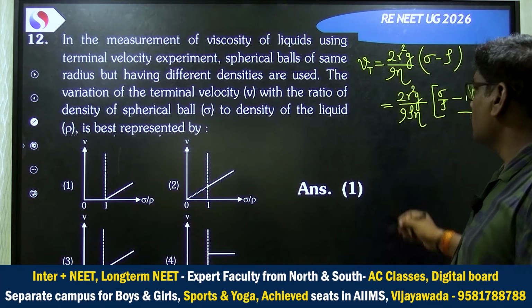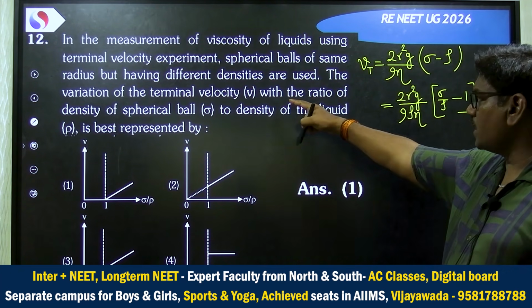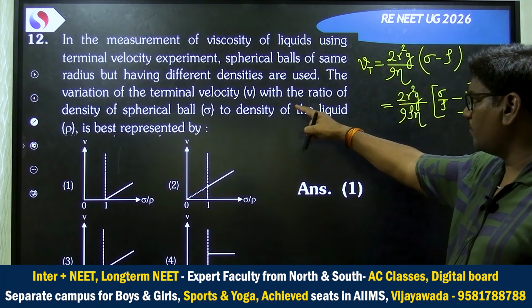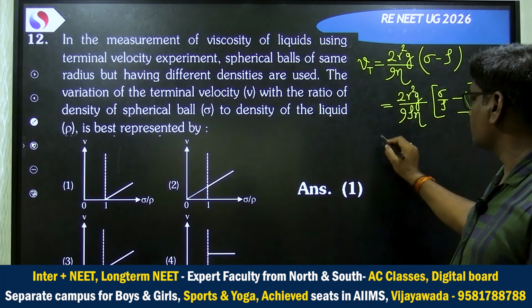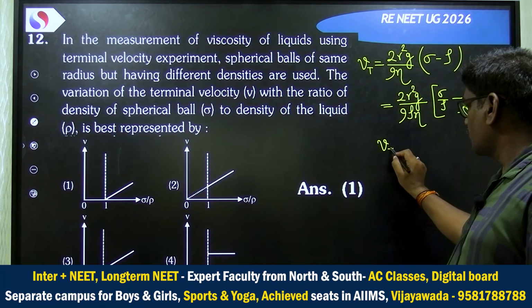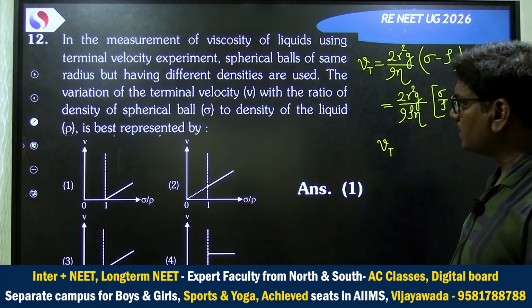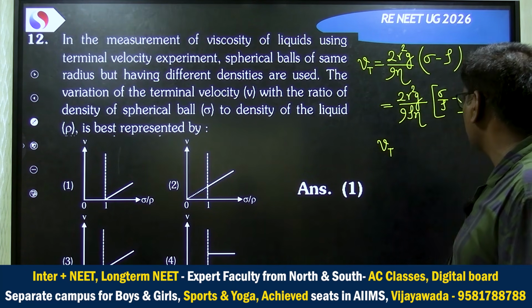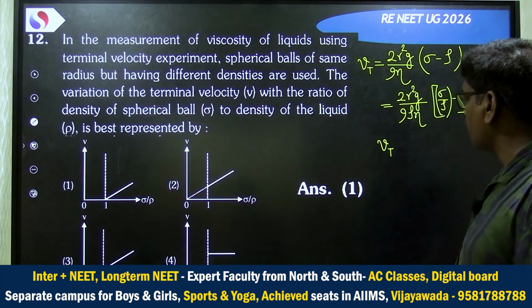Alright. Now they are saying that the variation in the terminal velocity means Vt, and with density of the ball to the density of liquid means this sigma by rho.